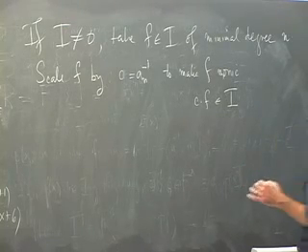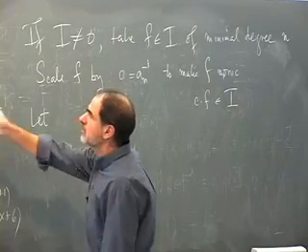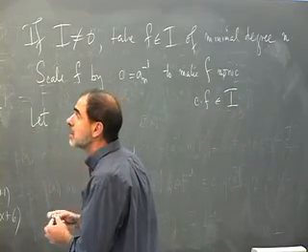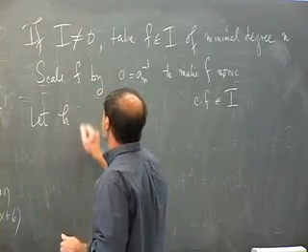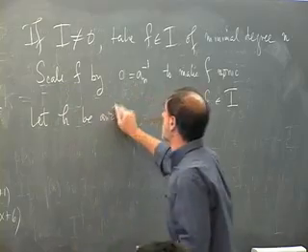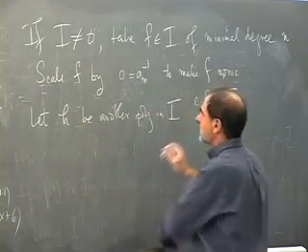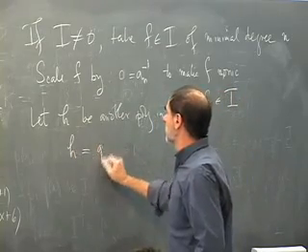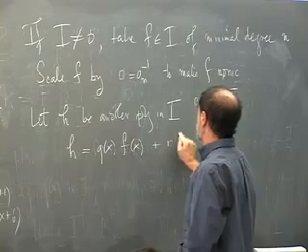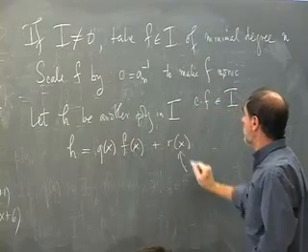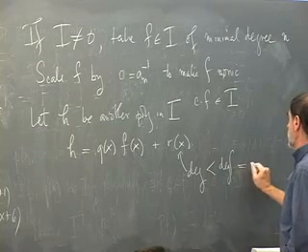All right? Now, I've got this organized a little wrong. Let h be another polynomial in I. And write h as a multiple of f, I'm doing it backwards here, but never mind, plus a remainder term where r of x has degree less than the degree of f, which is n.